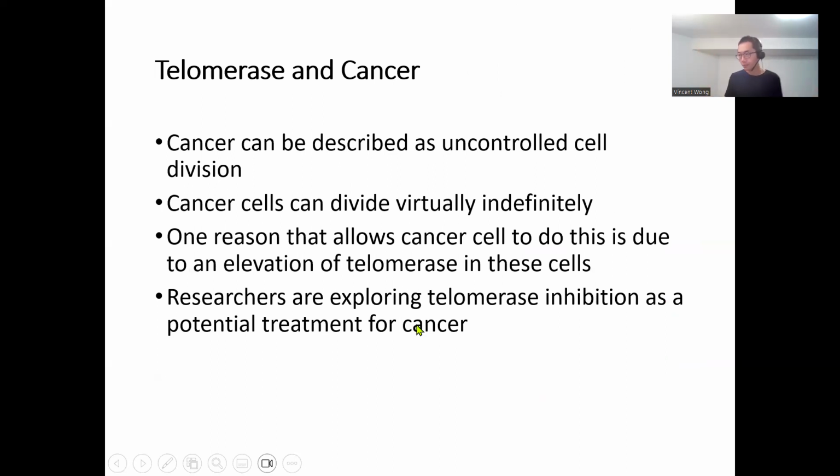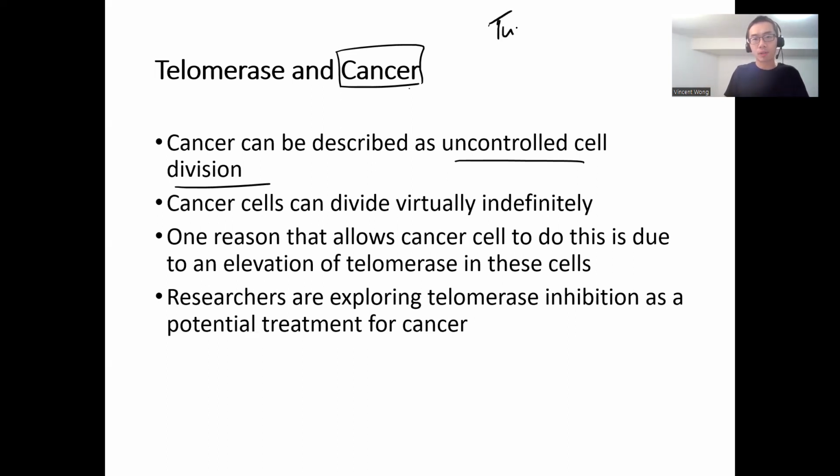All right. Let's shift gears and talk about telomerase and cancer. Cancer, which I'll explain in much more detail in a bit, is essentially uncontrolled cell division. Okay, the cell keeps on dividing and dividing and dividing, and the person ends up with a tumor.